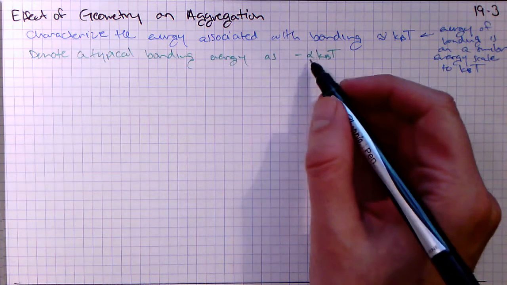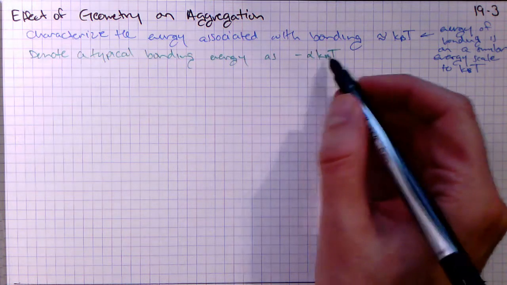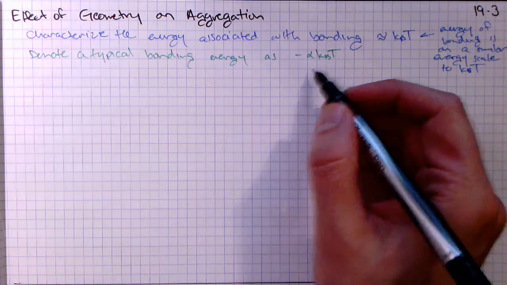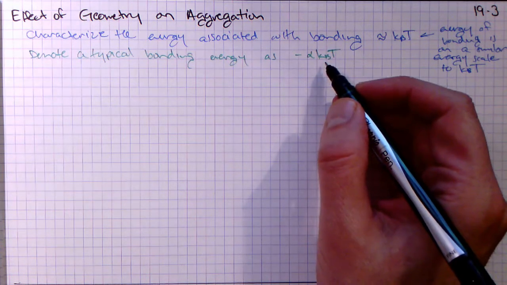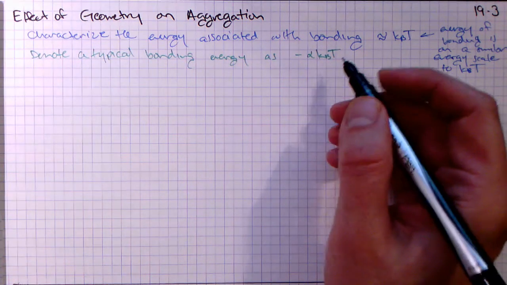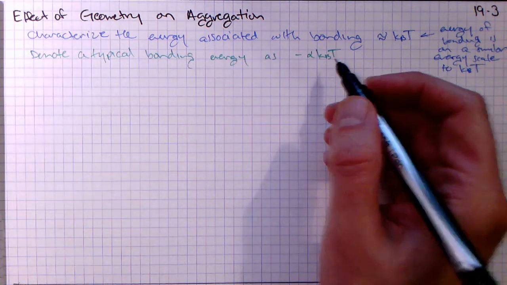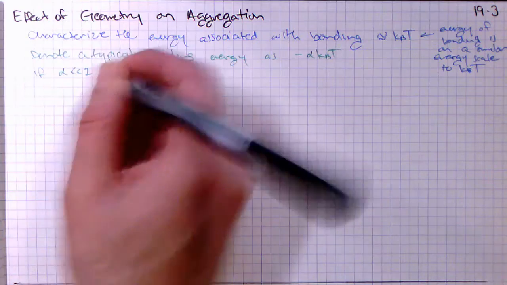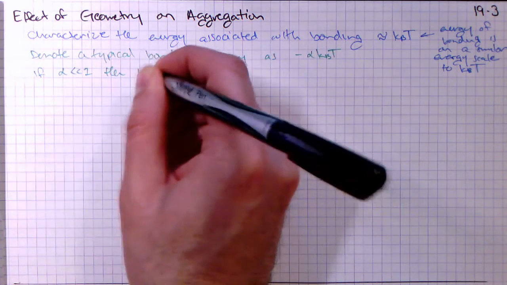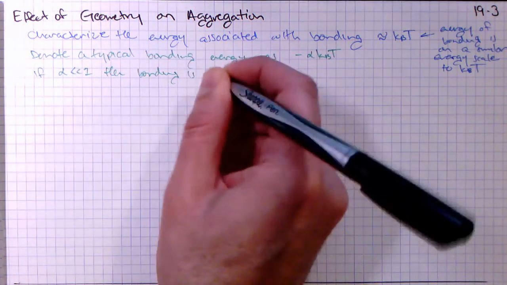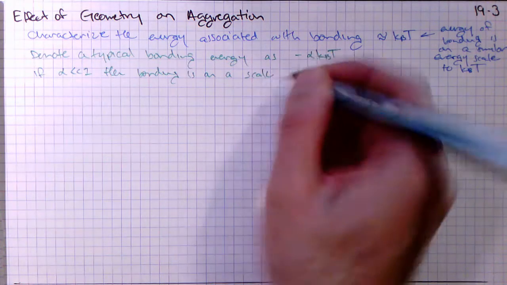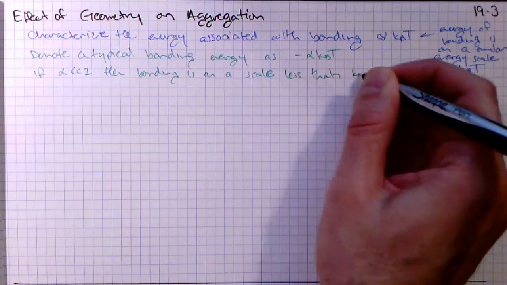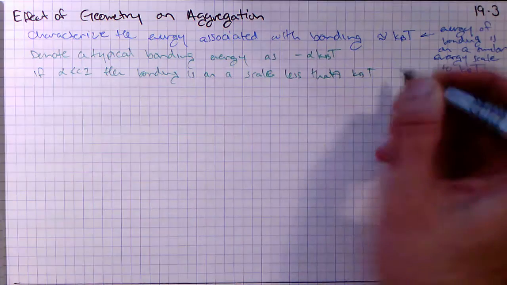the energy by which the energy is lowered, the ratio between the amount the energy is lowered by making a bond to the energy of thermal fluctuations. So if alpha is much less than 1, then bonding is on a scale less than kT, right?